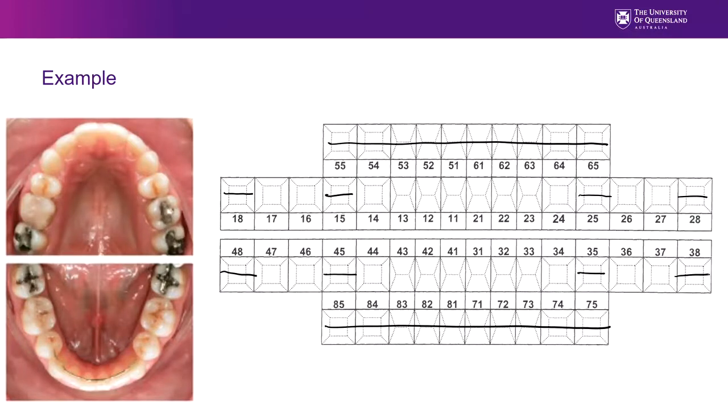which restorations are present. So the 1-7 has an existing occlusal restoration. It's difficult to see here, but the 1-6 has a disto-occlusal palatal, so 3 surfaces. Continuing around, the 2-6 has an occlusal, and the 2-7 has a disto-occlusal buccal.